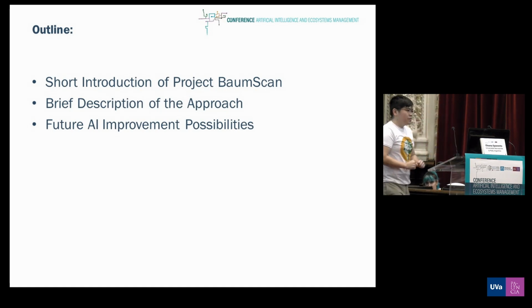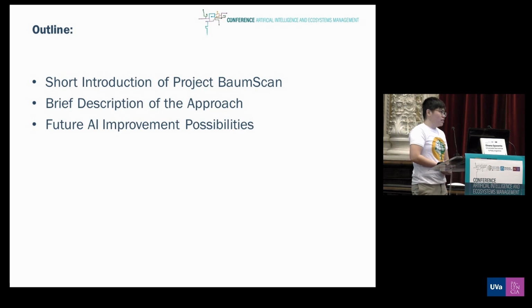Today my presentation is going to be structured in 3 chapters. First, before I jump into what I'm doing, I want to introduce what our project is doing, what the scope is, and what the aim of Technical University Munich's forest growth and geoscience chair is. Second, I will briefly introduce the current preliminary approach we are using for image detection.